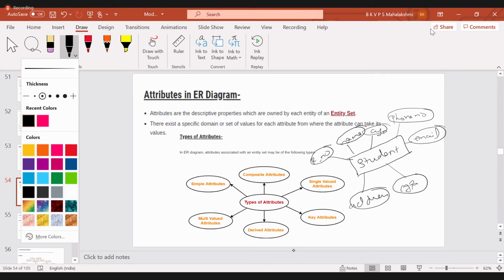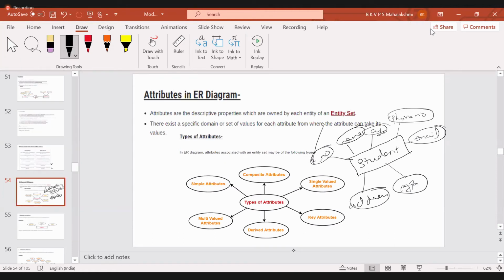So out of this, what is a single valued attribute? Again, roll number, very good. Name, you'll have only one name. GPA is also a single valued attribute. Coming to the database software, maybe the department will take only one name, right? So name is a single valued attribute. Age is also a single valued attribute. Is phone number a single valued attribute?